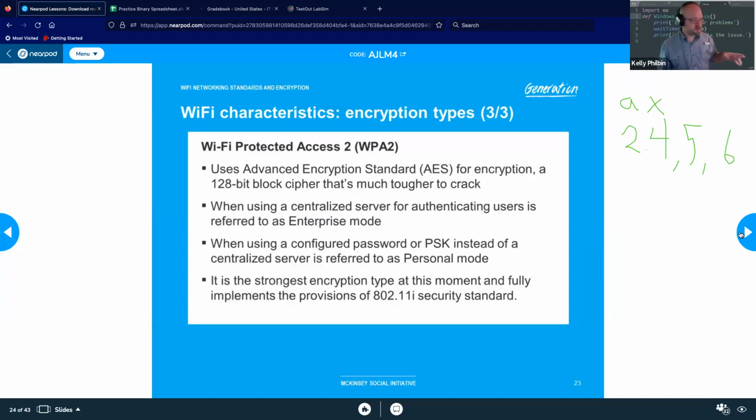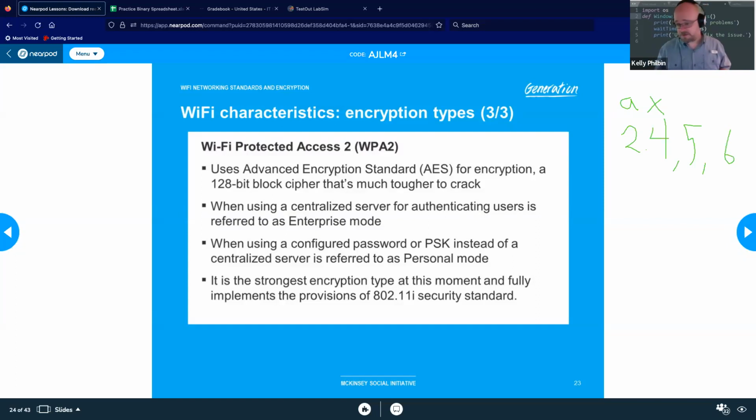And they improved upon the key exchange. Now we have what's called a pre-shared key. We use the Advanced Encryption Standard, or AES. And yes, you need to associate AES with WPA2, just like you need to associate TKIP with WPA. This now uses a 128-bit block cipher, which is far tougher to crack than the original WPA.